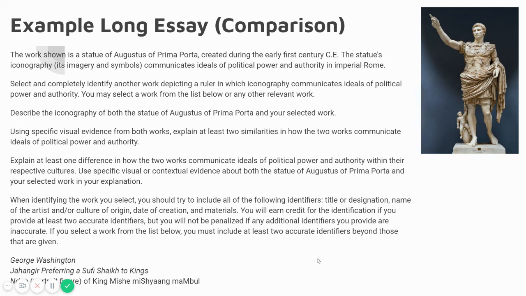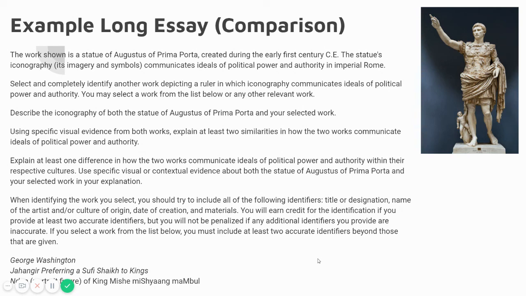So here at the very bottom, they've given you 3 options because they think that they would be good artworks to do a comparison essay with. But if you feel like you don't know enough about those 3 to make a really strong essay, you can choose your own. So you got to be careful. You got to look to see if they're giving you any parameters.